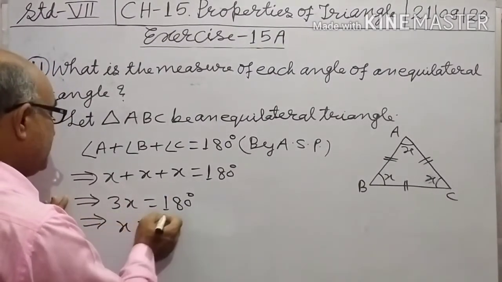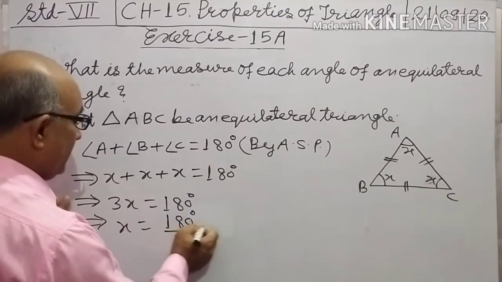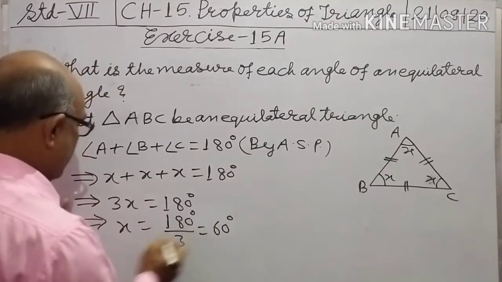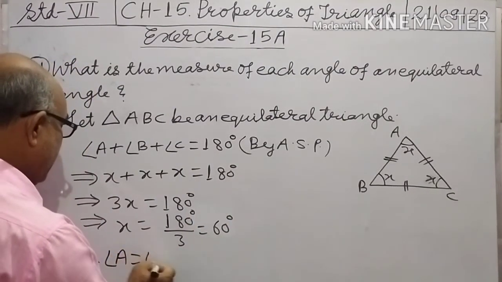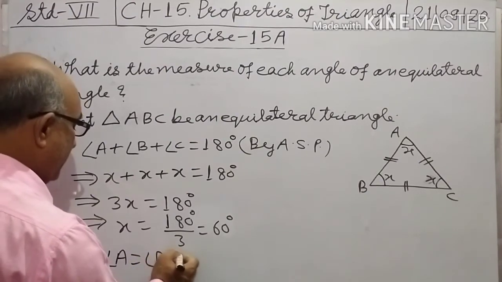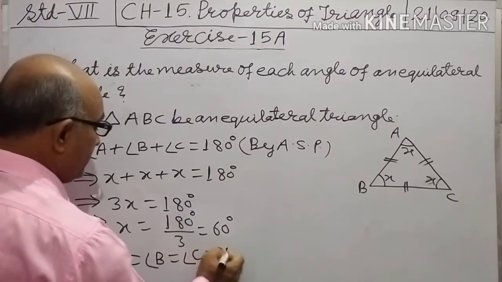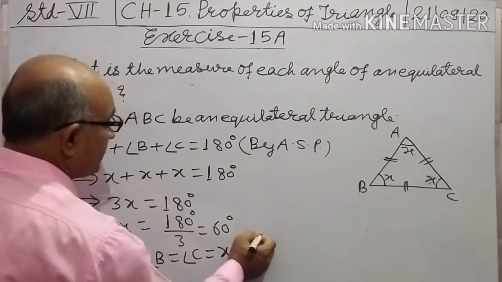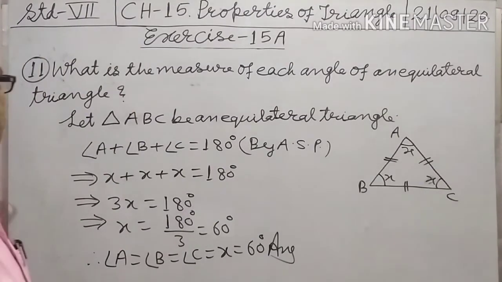That implies X equal to 180 degree by 3 equal to 60 degree. Therefore angle A equal to angle B equal to angle C equal to X equal to 60 degree. Answer. Right?